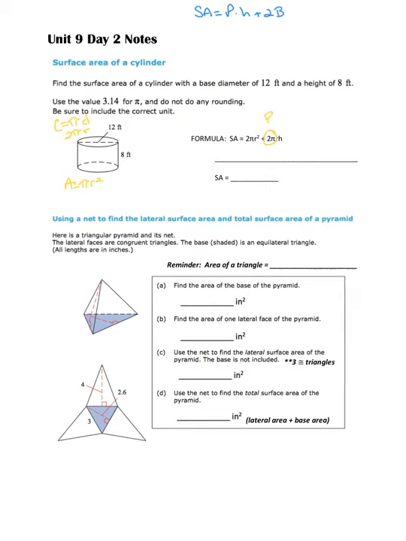So if I want 2 of them, wouldn't this be B? So actually, we're using the same formula. We're finding the circumference of the base, the perimeter, multiplying it by the height, the distance between the two bases. Then we're adding 2 times the base, which is the area of the circle.